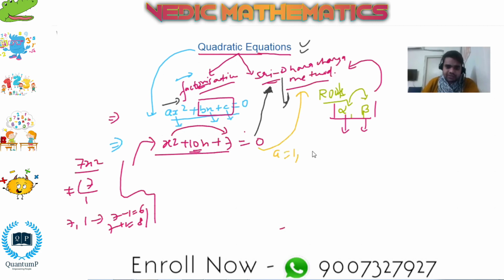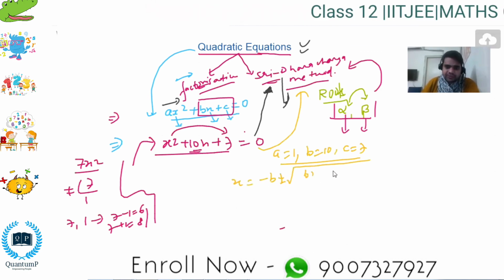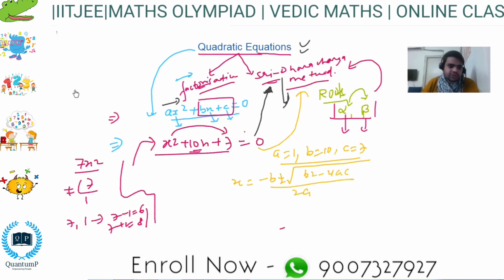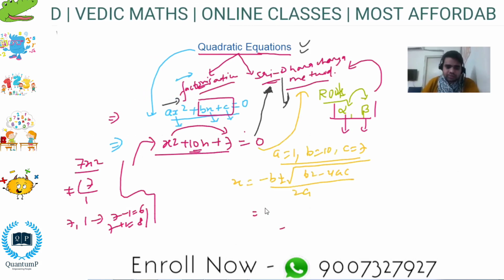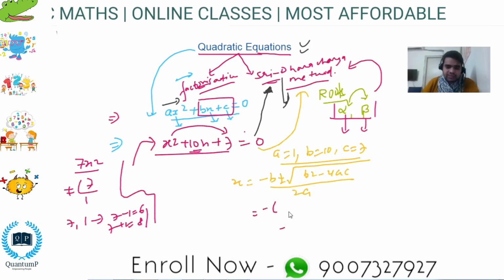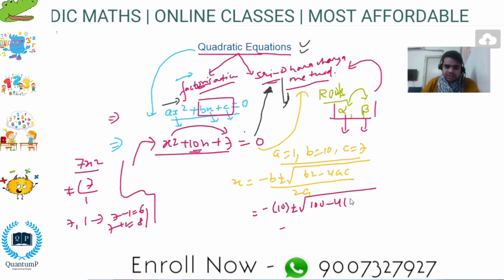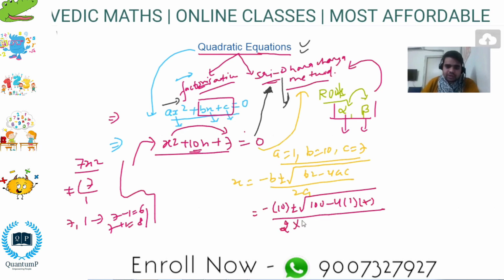a is equal to 1, b is equal to 10, c is equal to 7. We'll put these values in this equation: minus b plus minus square root of b square minus 4ac, by 2a. So minus b is minus 10, plus minus square root of 10 square, which is 100, minus 4 times a, which is 1, times c, which is 7, divided by 2 into a, means 2 into 1.